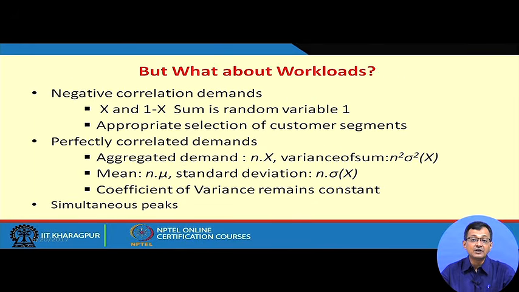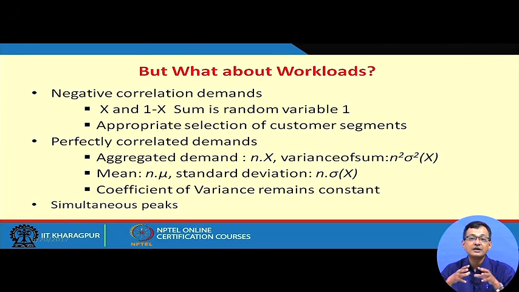But what about the different workloads? Non-positively correlated demands, like if x and 1 by x, the sum of a random variable is 1, so appropriate selection of the customer segments is another important thing, right. Say I have a computing infrastructure, and I select customers such that some of them are active in the daytime, and some of them have processing active at night time.